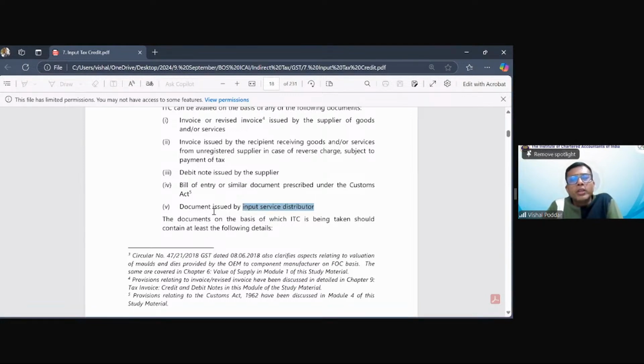So, during the service tax excise era itself, the lawmakers came up with the concept that you take a separate registration for this office called the input service distributor. The name itself suggests what this office will be doing: whatever credit has come on your input services, which is lying idle in this office, that credit you will distribute to all your other branches.